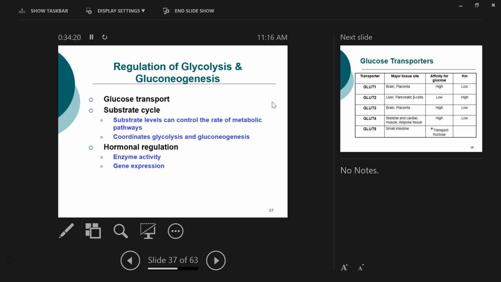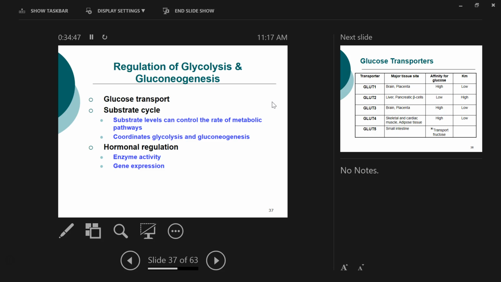So insulin and glucagon, I think, are like the top level of regulation, and then the glucose transporter and the substrate levels of regulation. The final targets of this regulation should be the key enzymes in each pathway. That makes sense, right?